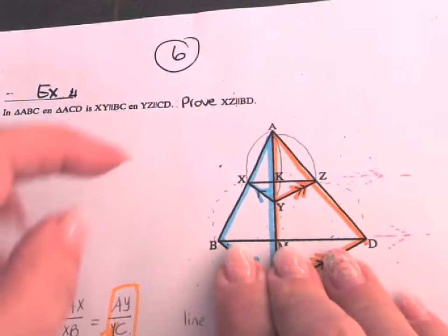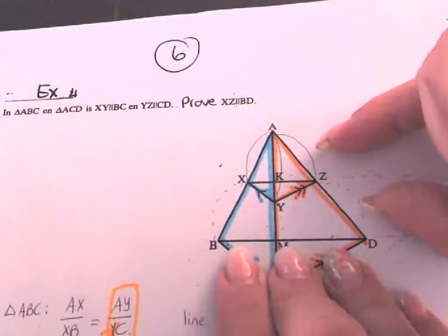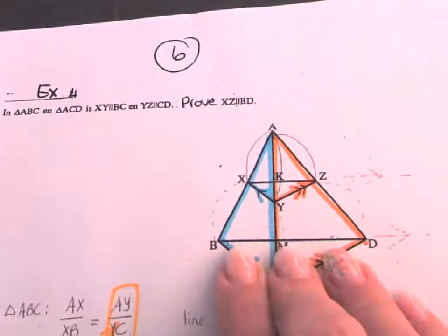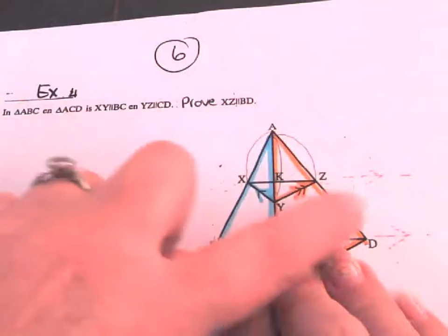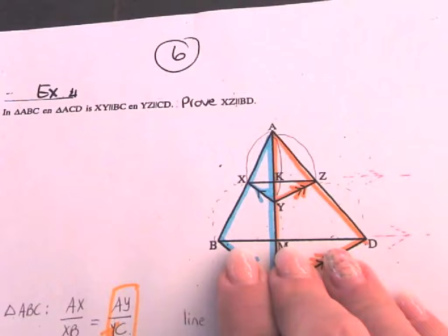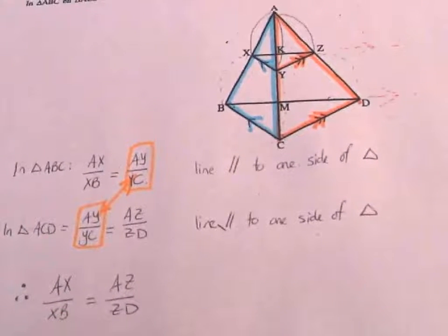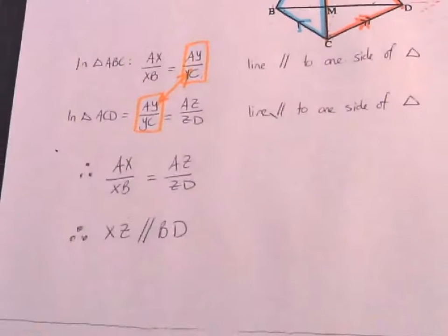Now, if I say that these proportions equal those proportions, it must be that those two lines are parallel. If this proportion equals that proportion, those two lines must be parallel, and that's what I wanted to prove. Therefore, XZ is parallel to BD. If you say therefore, you don't have to give a reason.